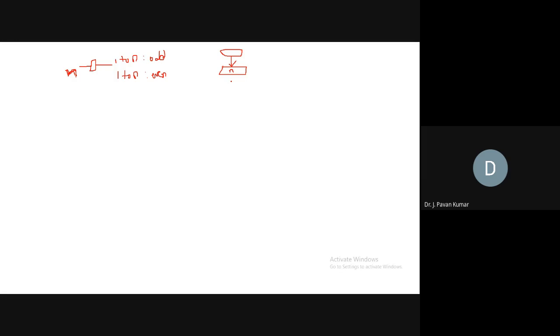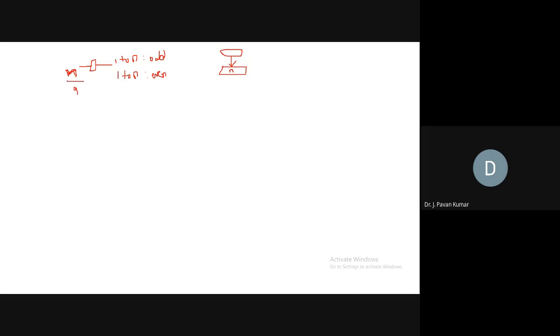Suppose the given number is 9, then what should be the output? Try to understand the question.